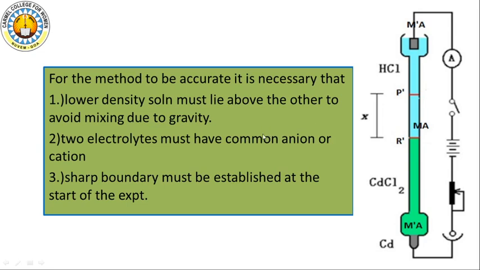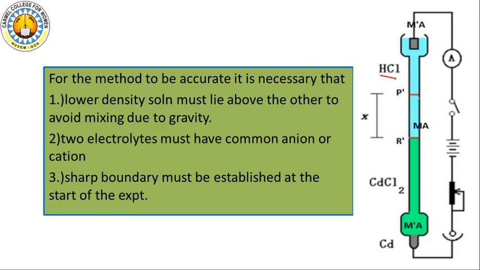The two electrolytes must have a common anion or cation. So one of the ions should be common. Here the two electrolytes that we have taken are HCl and cadmium chloride.